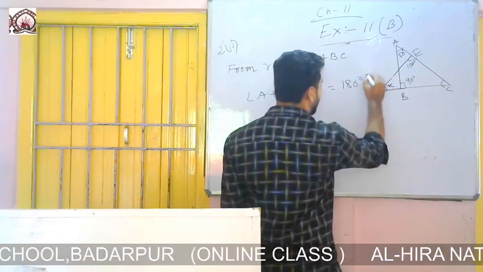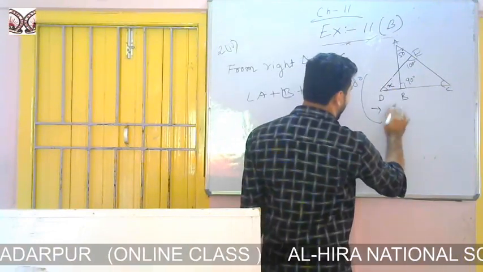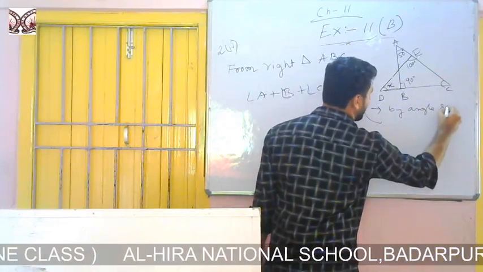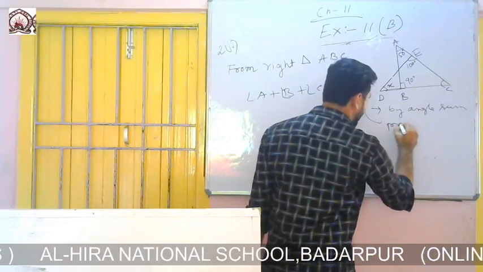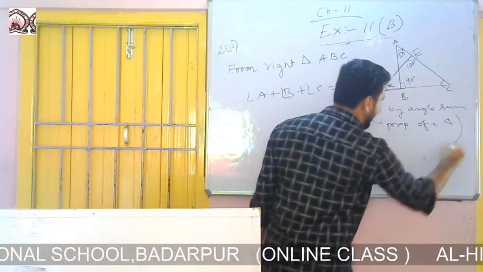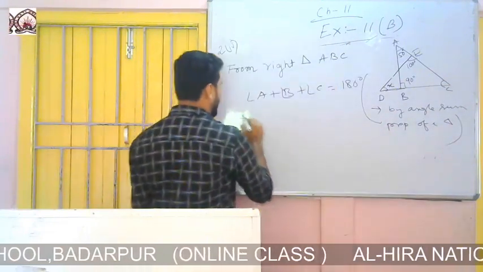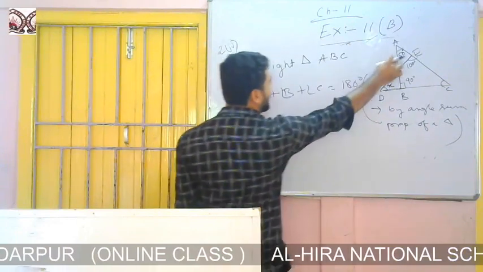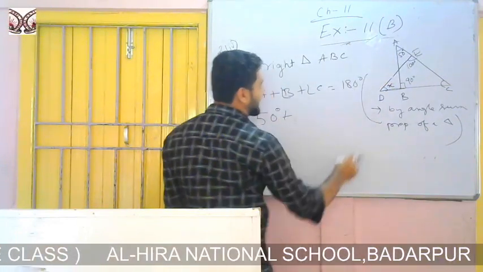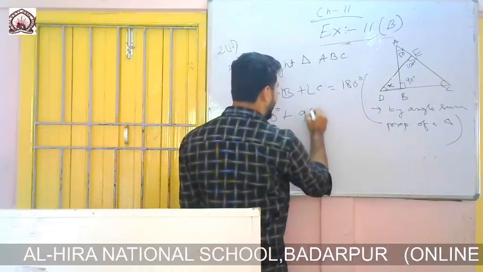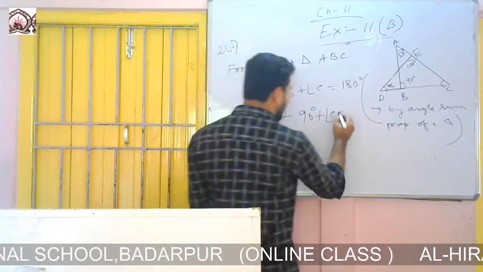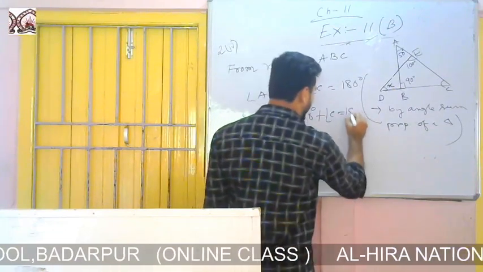You write here the reason by angle sum property of a triangle. So here, in place of angle A you can write what? 50 degree. In place of angle B we can write what? 90 degree, since it is a right triangle. And in place of angle C we will write as it is, because we have to find angle C.